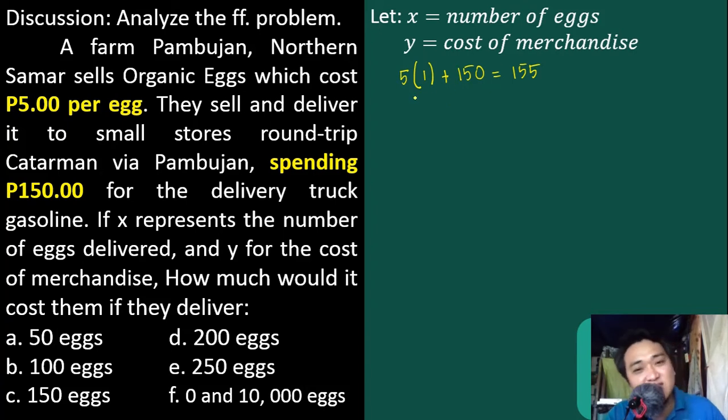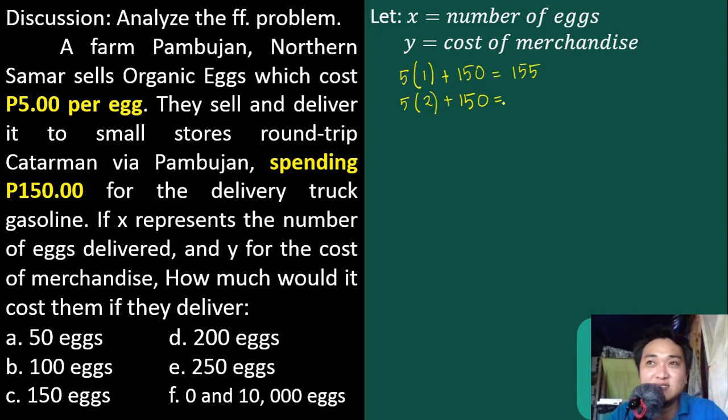Kung halimbawa, nag-deliver tayo ng 2 itlog. 5 times 2 again plus 150. Impractical naman na mag-deliver ka ng 2 itlog, 2 pirasong itlog lang, 'di ba? Isasakay mo sa truck. Pero let's just say na nangyari nga po 'yun.